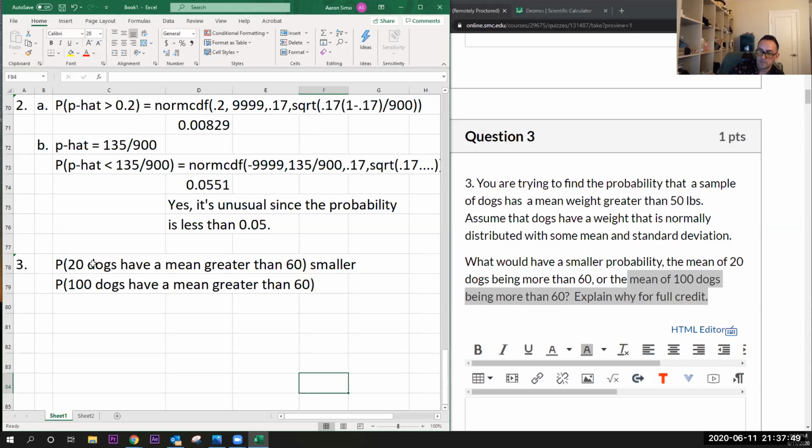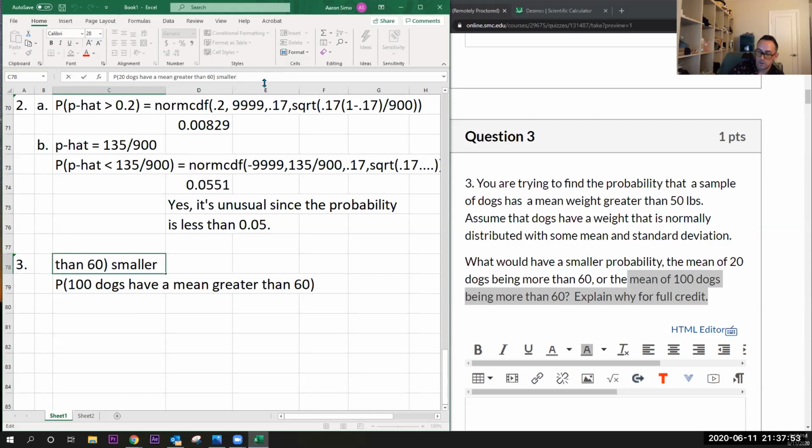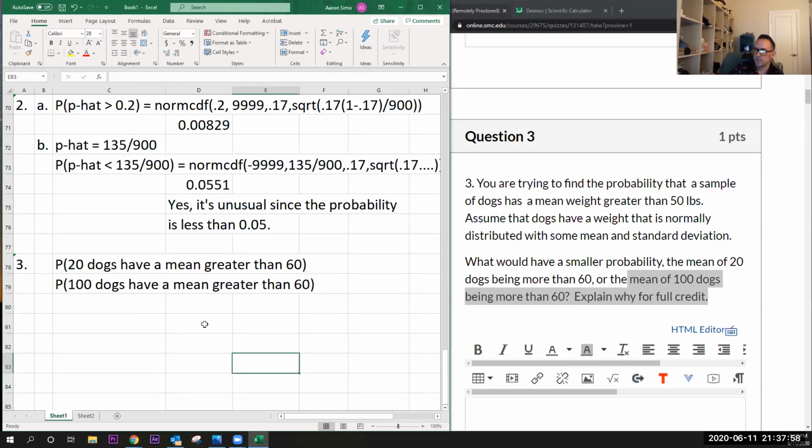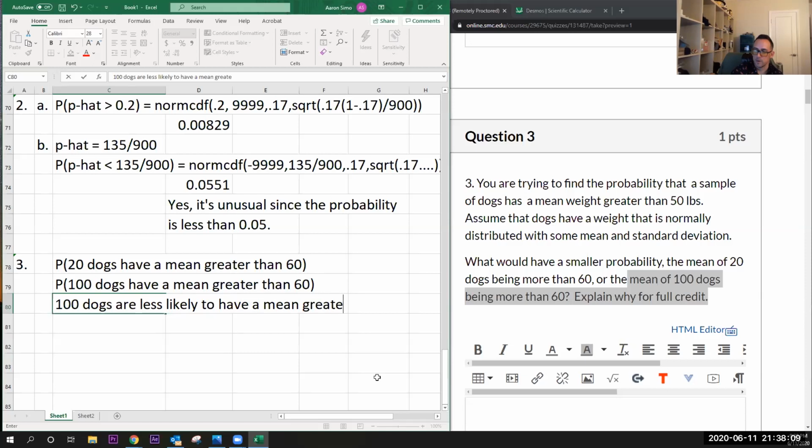Yeah. So let's take the smaller. What would have a smaller probability? We'll say 100 dogs are less likely to have a mean greater than 60, since their means are, like you said, less affected by outliers.